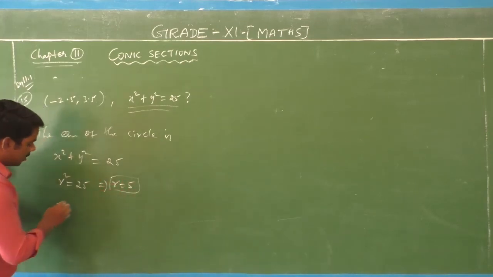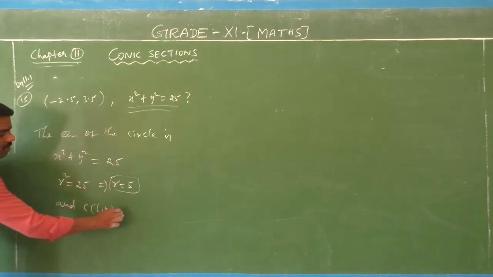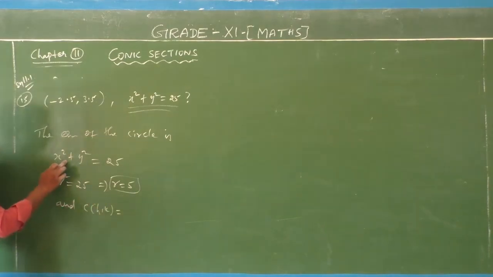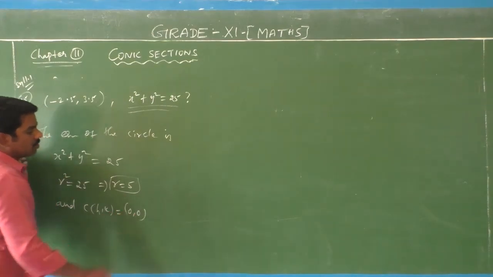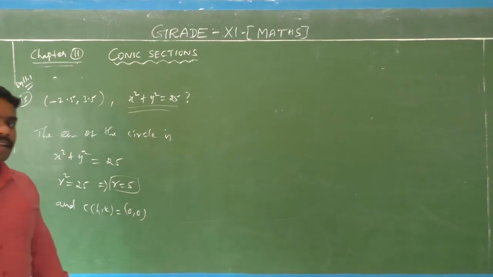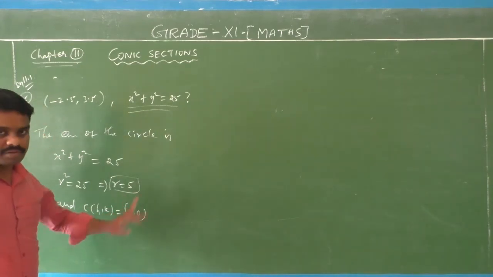And the center (h, k): h is 0 and k is 0, so (0, 0). So this circle's center is (0, 0) and radius is 5.